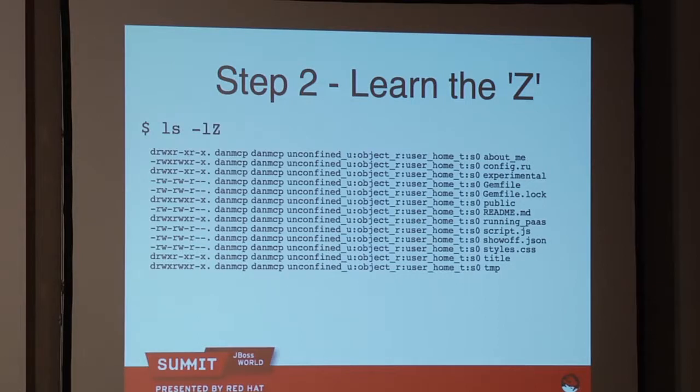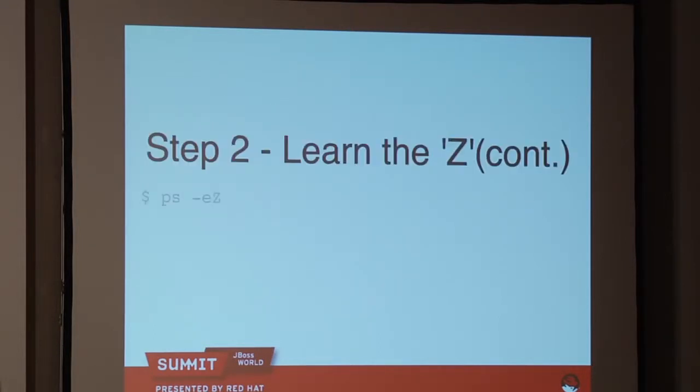So if you see that, you can do an ls -lZ and see what the actual context is. Everything after the user, or maybe the group, and before the file name is the SELinux context. And the same thing exists whenever you're listing processes.